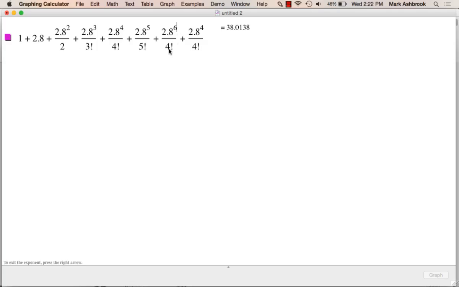Uh-oh, what happened? That's just 2. Oh, it's because the numbers are getting smaller. There we go. So now by the time I get to n equals 7, I'm at 16.3.